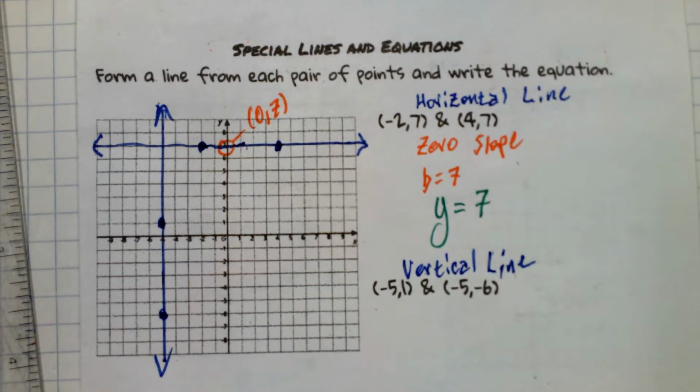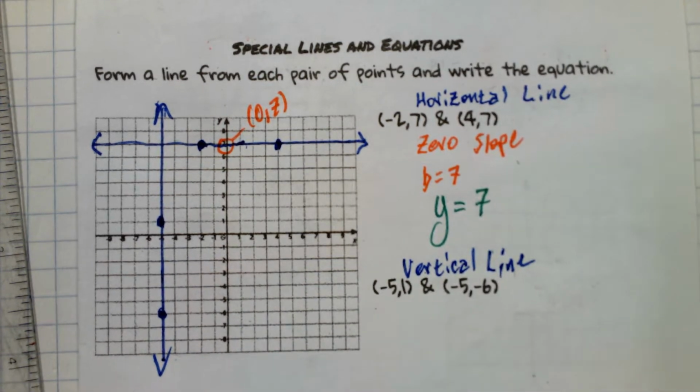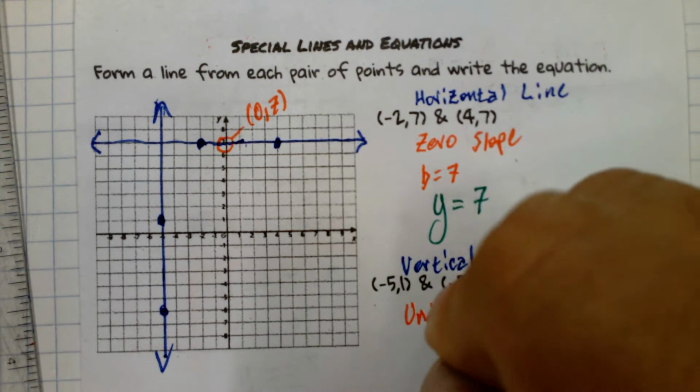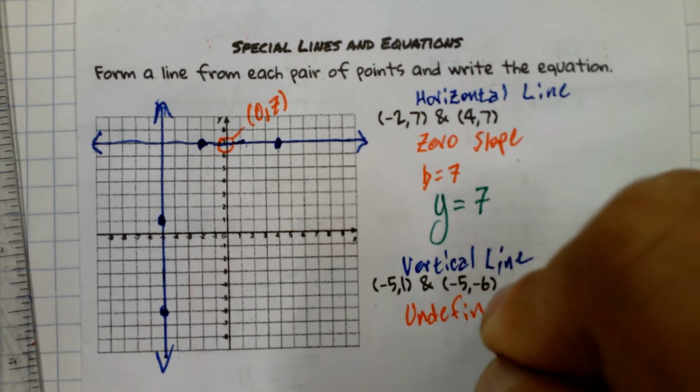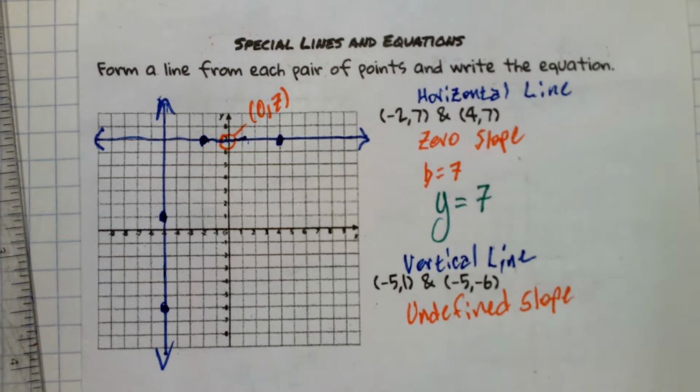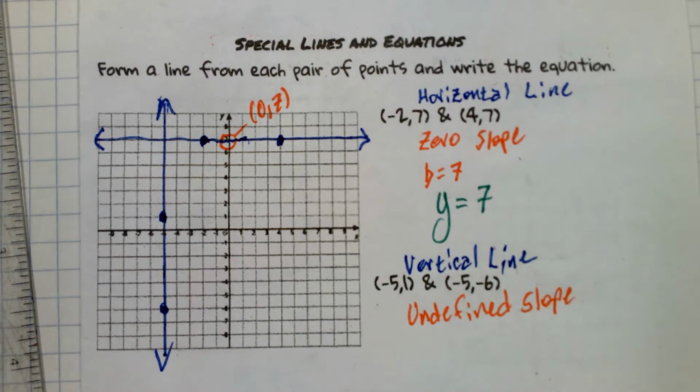And just like a horizontal line, it has a zero. It doesn't have a zero slope. It has an undefined slope. Okay. So since it doesn't cross the y-axis, it has no y-intercept.